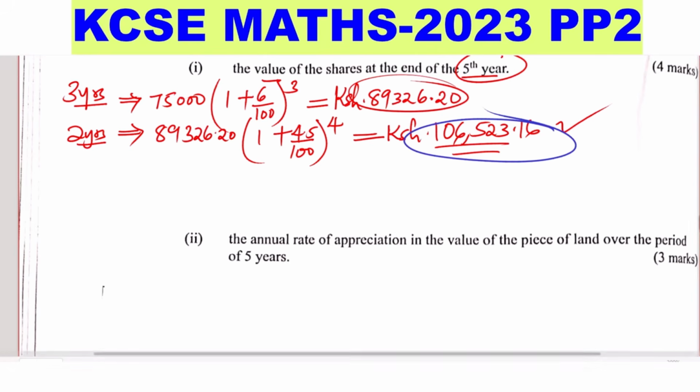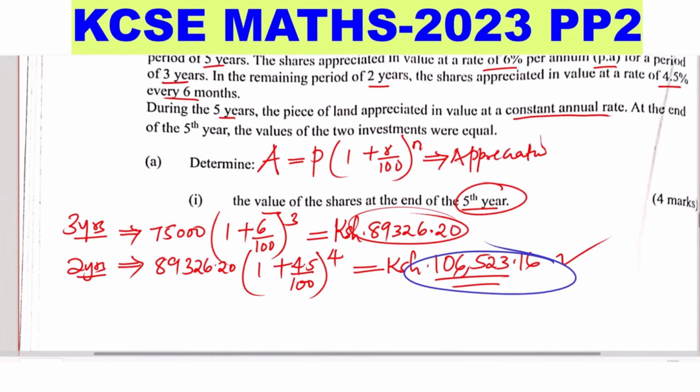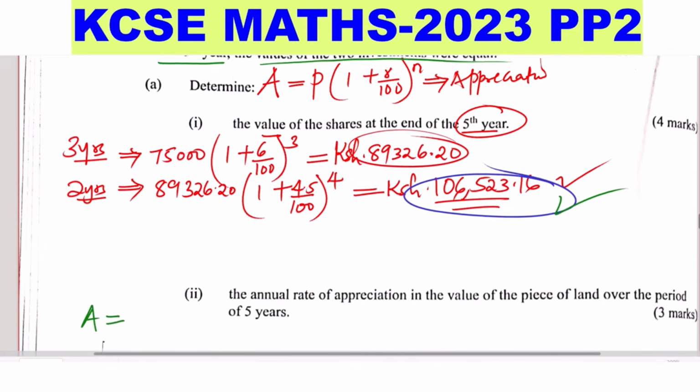But we know the amount after appreciation of the land, and we get it from the last statement, that at the end of the 5th year, the values of the 2 investments were equal. The investment in the shares amount was 106,523.16, so the same amount applies to the land after 5 years.